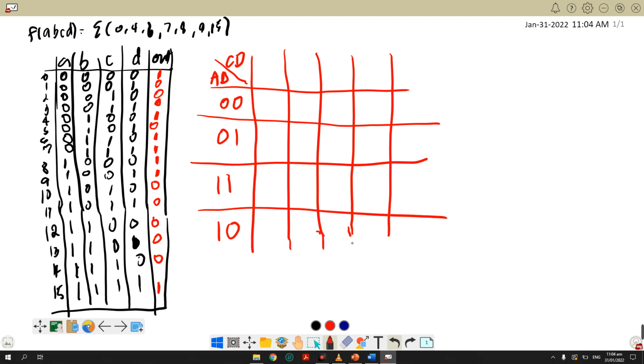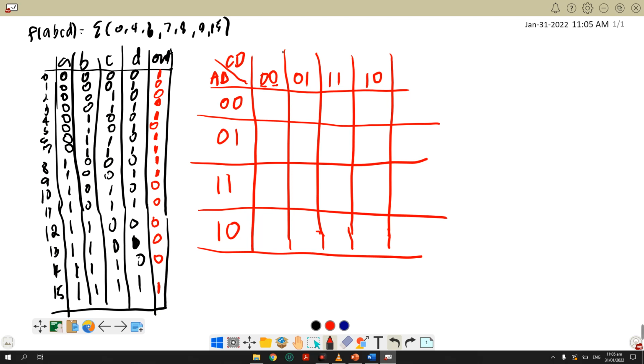Then, above, we have 0, 0, 0, 1, 1, 1, 1, 0. So the first term here denotes our A, the second term denotes our B, the first term here denotes our C, and the second term here denotes our D.